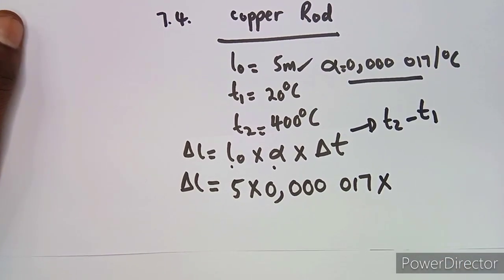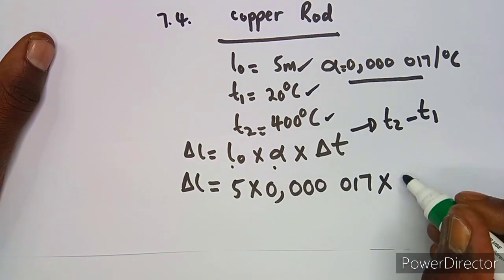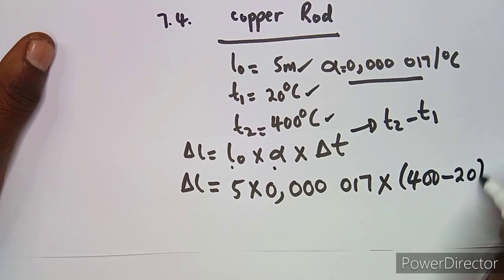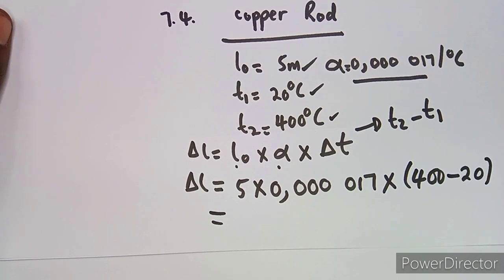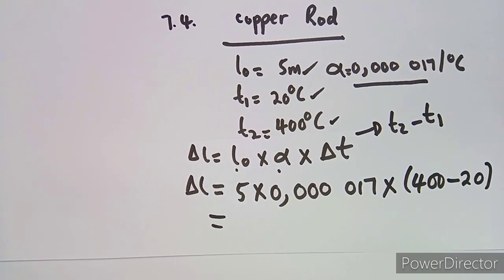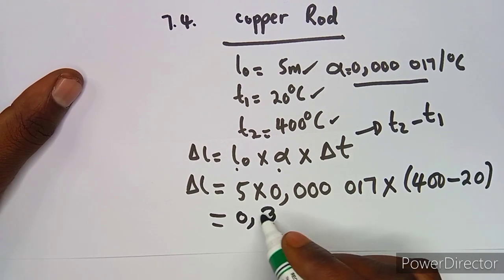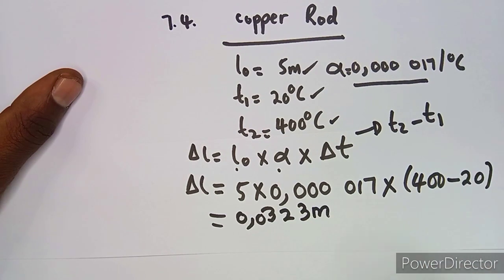So that's your T2 and that's your T1. It's going to be 400 minus T1, which is 20, like that. So that is what you're going to have from your calculator, guys. You have to multiply everything there, which is going to give you 0.0323, which is in meters.